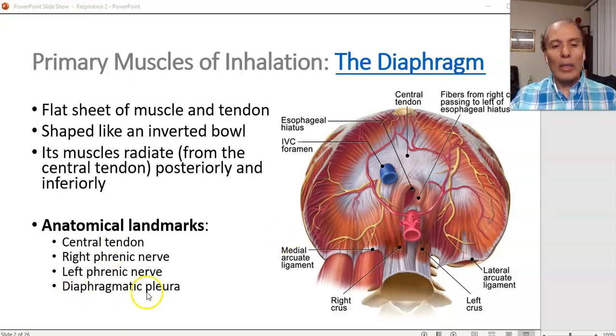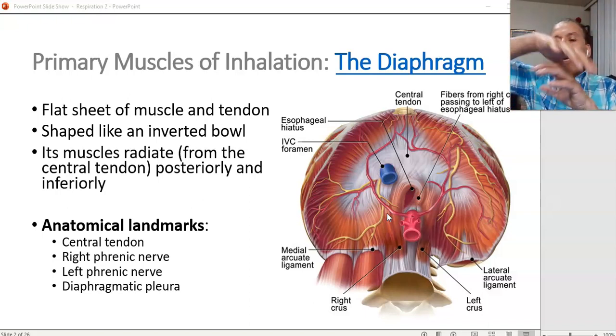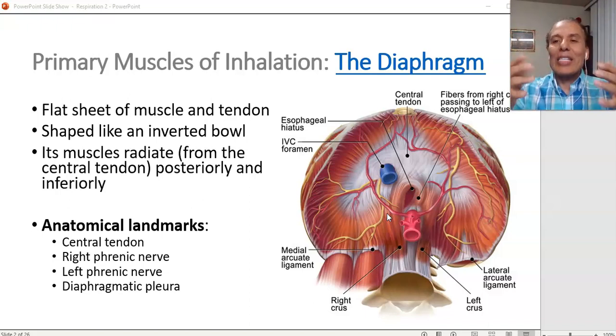Then we have the diaphragmatic pleura that I explained in detail in the first video of this unit. The superior surface of the diaphragm is like a dome, and the entire diaphragm itself is encased in a diaphragmatic pleura, a very thin layer that is transparent, and it is filled with moisture and fluid surfactant.